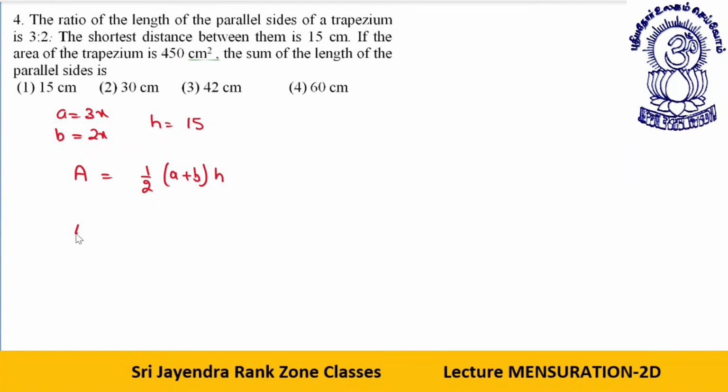The area is given to you as 450, half A plus B, this you need to find. H is already given to you as 15. 15 cancelled by 450 will give me 30. So A plus B will be 2 into 30, or A plus B is equal to 60.